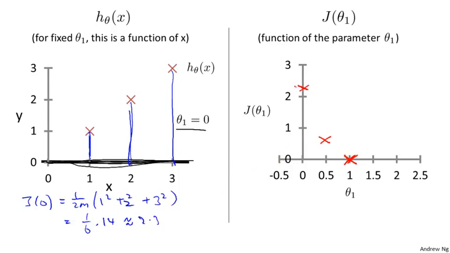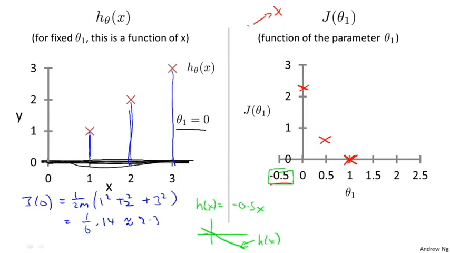And of course, we can keep on doing this for other values of theta 1. It turns out that you can have negative values of theta 1 as well. So if theta 1 is negative, then h of x would be equal to, say, minus 0.5 times x, if theta 1 is minus 0.5. And so that corresponds to a hypothesis with a slope of negative 0.5. And you can actually keep on computing these errors. This turns out to have a really high error.